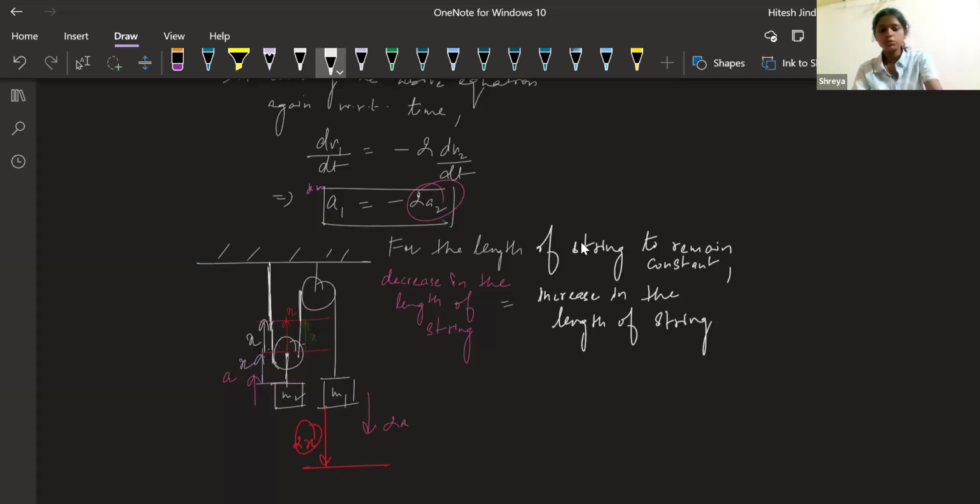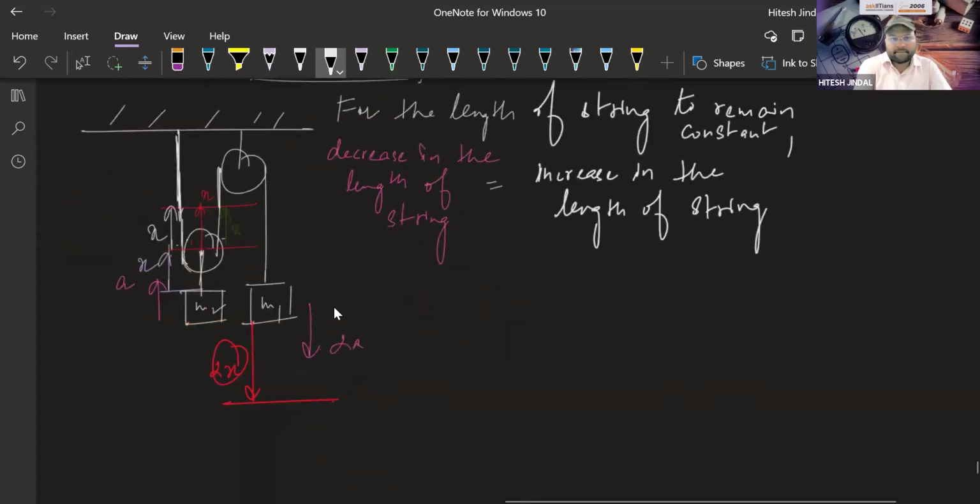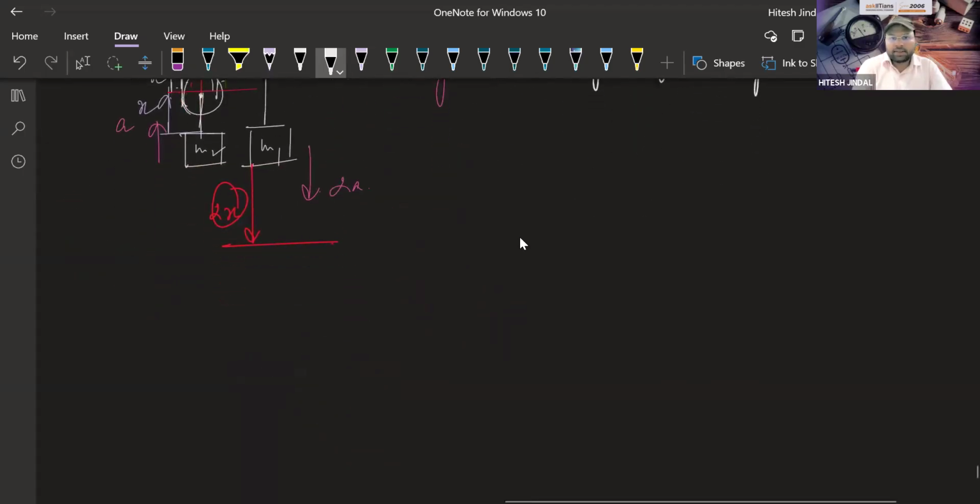Sir, can you explain the pulley part of 2x again? Yes, like pulley moving up. You see, let's say this is connected. This is the connection we are having.